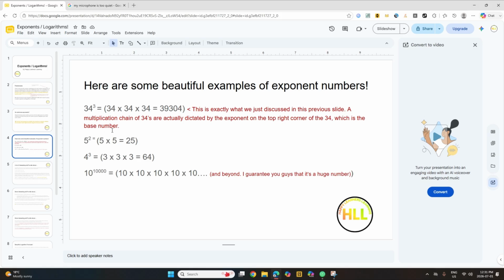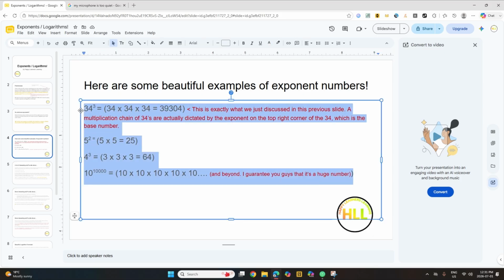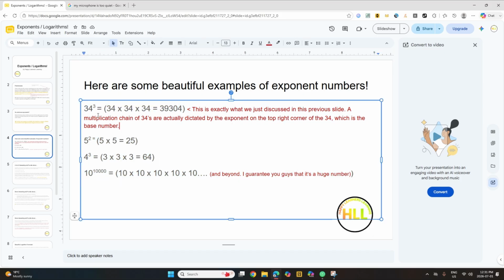So right here, I also listed some wonderful examples that will let you see the way exponents work. So here I have 34 to the power of 3, or 34 cubed.